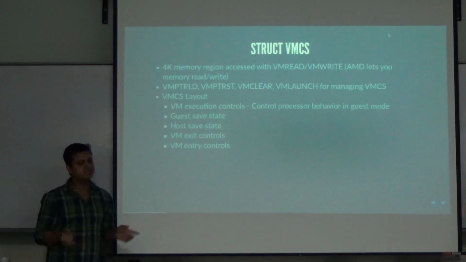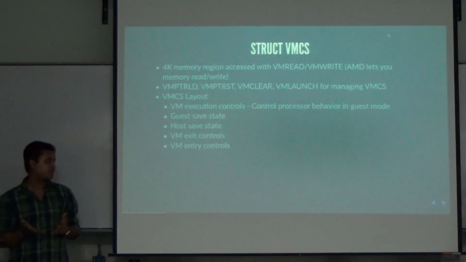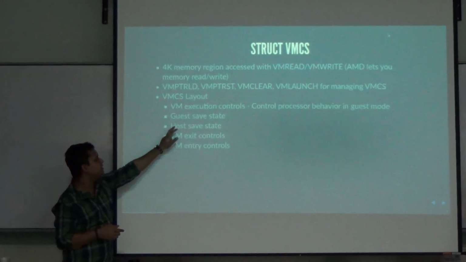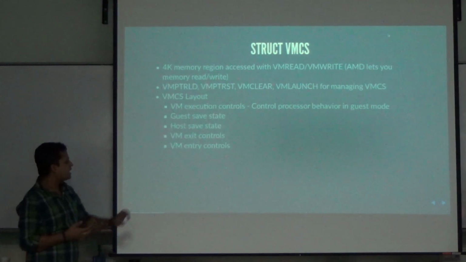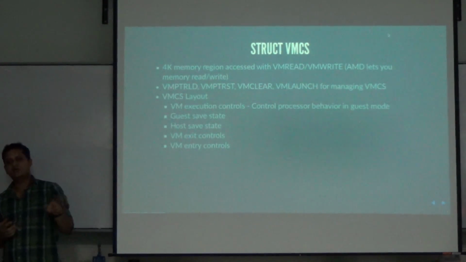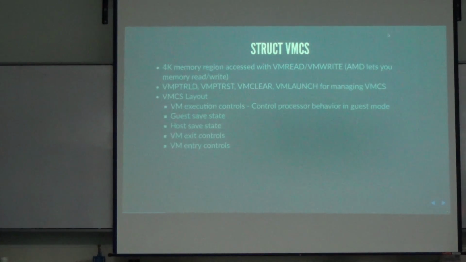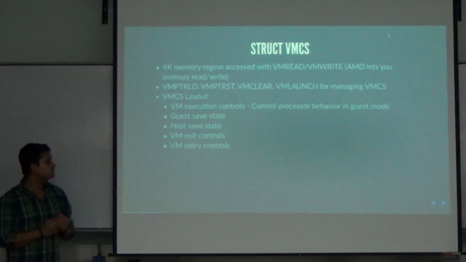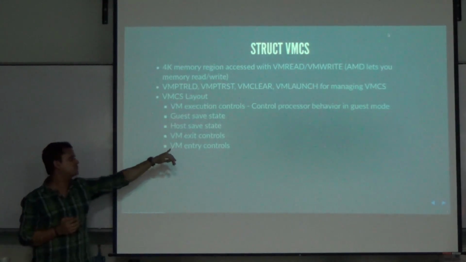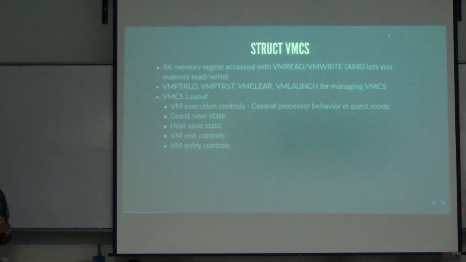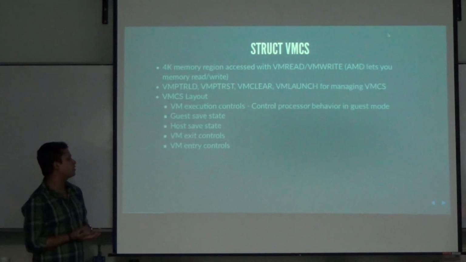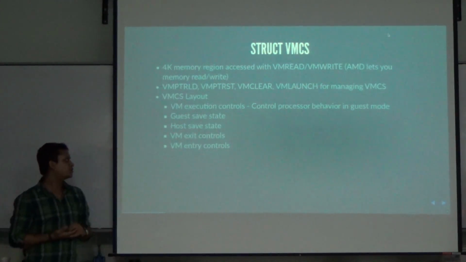Similarly, the host save state saves the state of the host when you are running the guest, and when you have to come back to the host, you load this state and run the host again. The exit controls define under what conditions you need to exit out of the guest. For example, you could say if there is an interrupt from an external source, like an external device, then we need to exit out of the guest so that the host can handle it. So that is defined here. And the entry controls define the environment for the guest. For example, whether the guest sees a 32-bit processor, or if the processor is in long mode, or things like that.